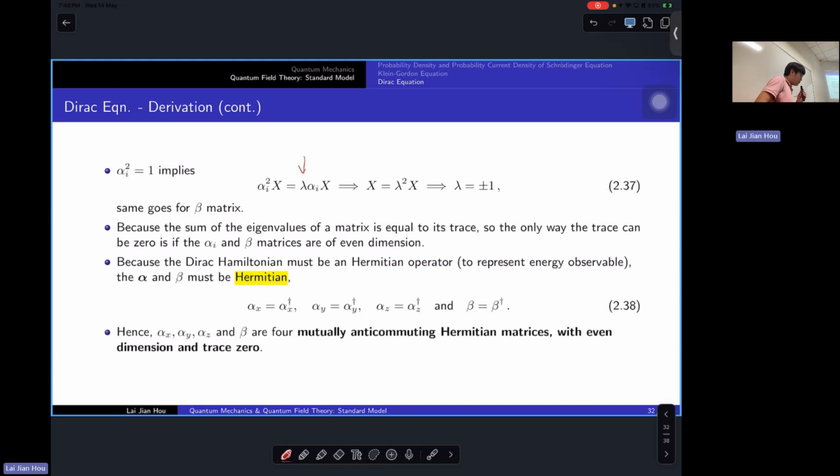Using the fact that the sum of the eigenvalues of a matrix is equal to its trace, the only way the trace can be 0, traceless, is when the alpha i and beta matrices are of even dimension.